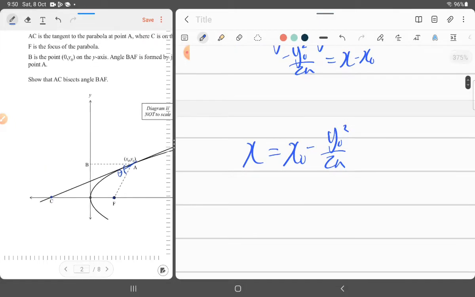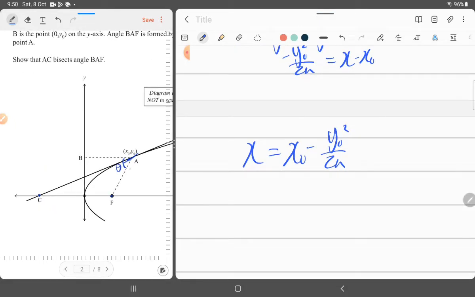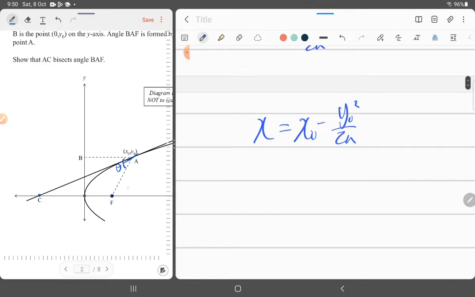So we want this. So this is at A0. So A take away x0 take away y0 squared over 2a over this, right?